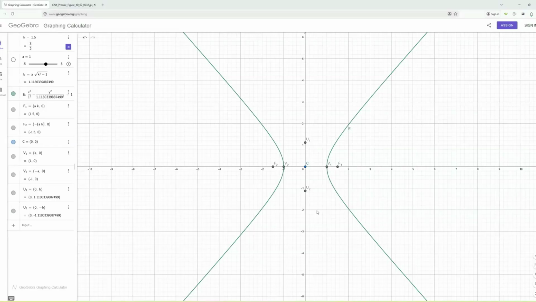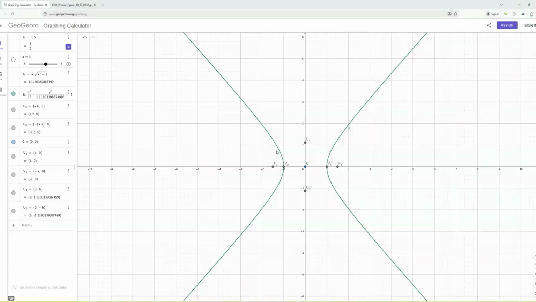Now, notice that the co-vertices are not part of the hyperbola, but they can be used to construct a rectangle whose diagonals determine the asymptotes for the hyperbola.